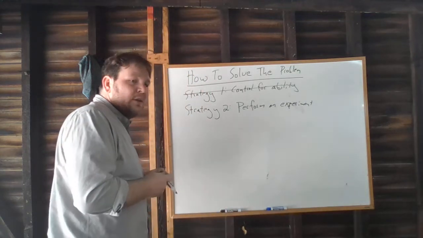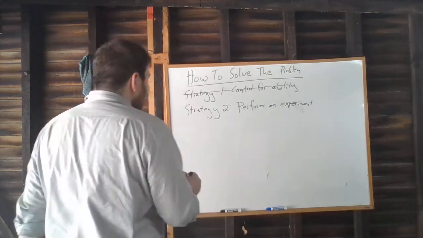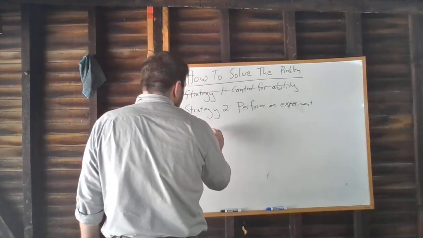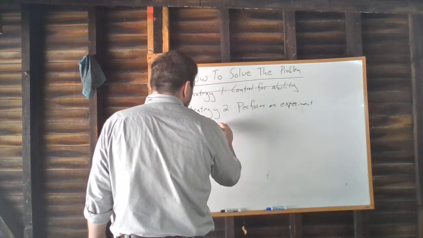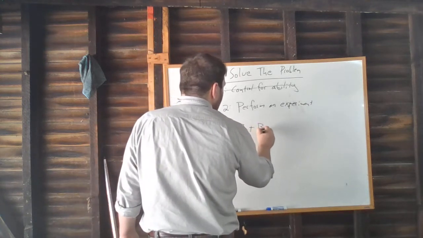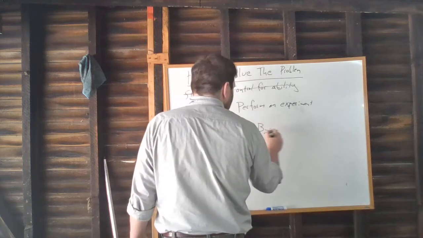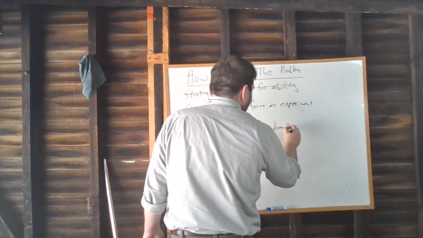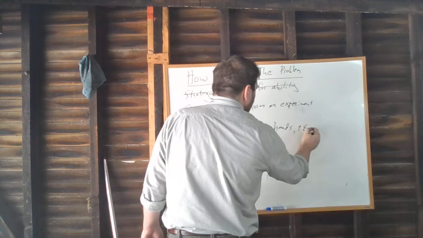In other words, what we could do is we could run a regression that looks like this, right? Log earnings is going to equal beta 1 plus beta 2 times whether you got heads, right?